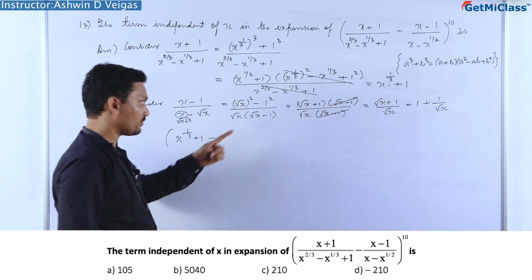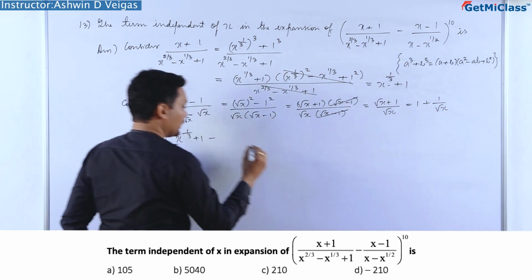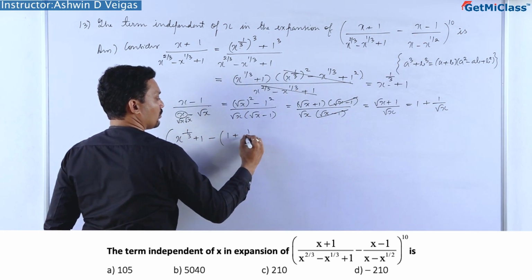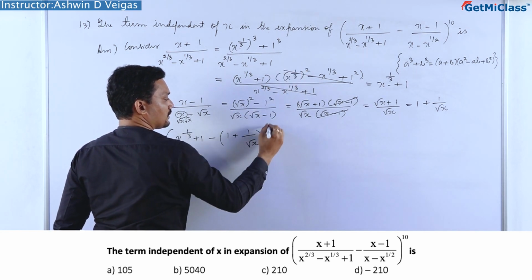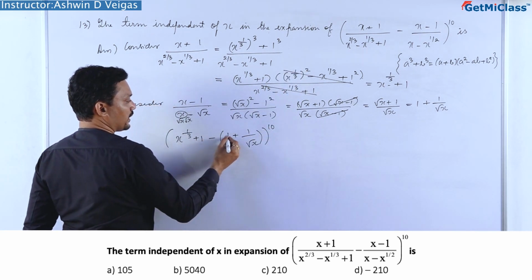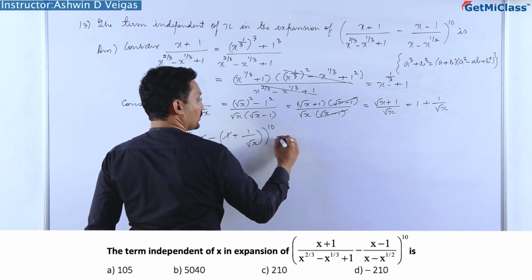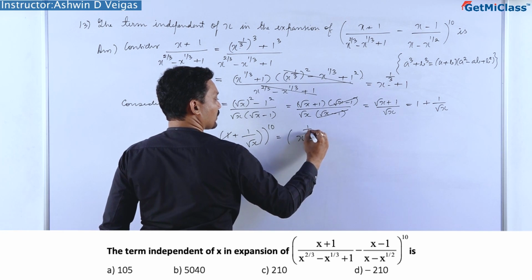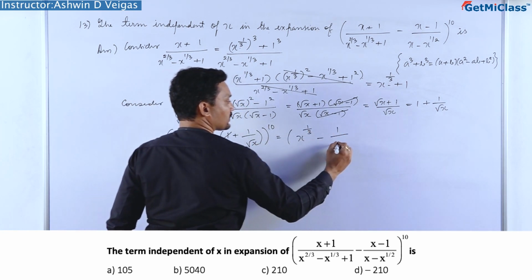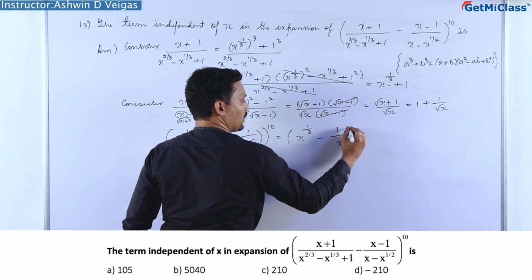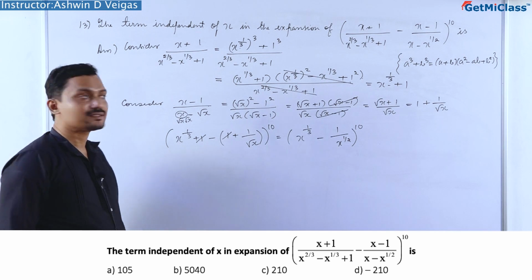If we split and write here, 1 will get cancelled. So, the second term I am going to write as 1 plus 1 by root x, and the power is 10. Here plus 1 and minus 1 will get cancelled, and therefore you are going to get x power 1 by 3 minus 1 by root x, where I will write root x as x power half, whole power 10. Now it becomes a very simple question.